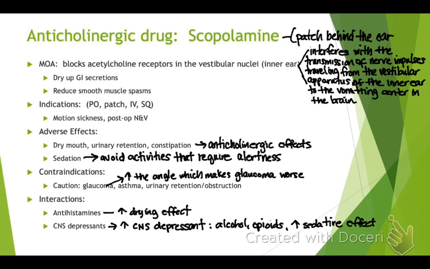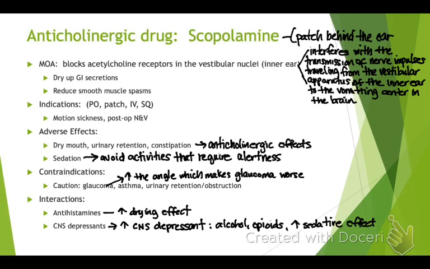So we start with your anticholinergic drugs, so your scopolamine. Your scopolamine is a patch that is placed behind the ear. The mechanism of action is to block the acetylcholine receptors in the vestibular nuclei, which is in your inner ear.